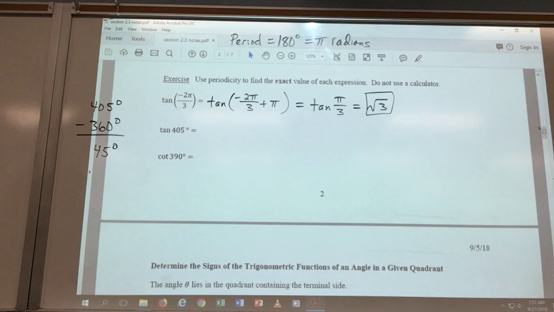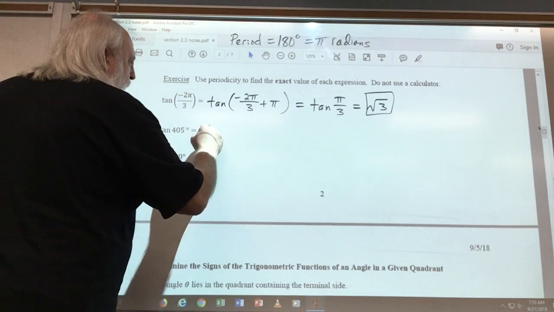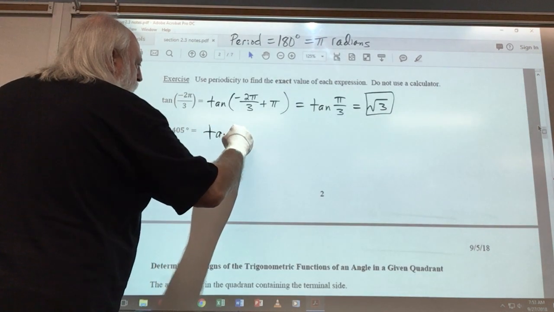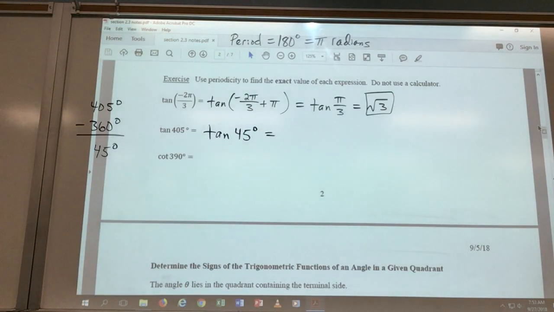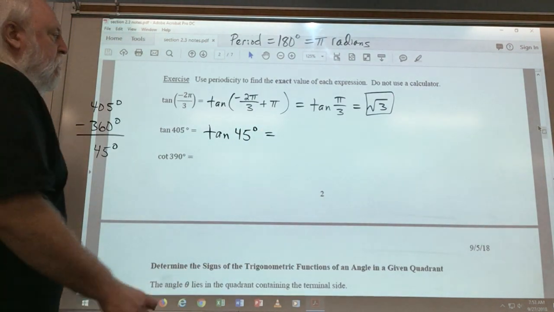So the tangent of 405 degrees has the same value as the tangent of 45 degrees. And what's the tangent of 45 degrees? It's 1.